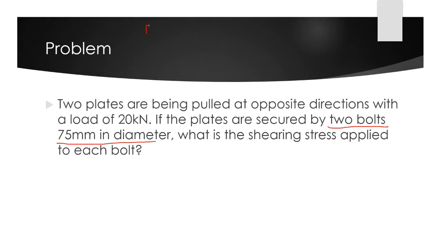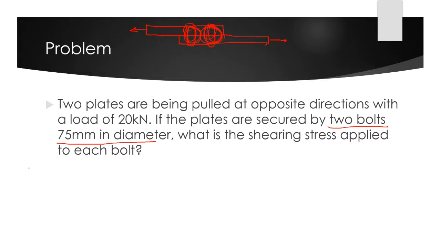So let's say this is our plane, and we have another plane, and they are attached now with two bolts. So let's say these are the two bolts that we have. There is a force pulling the planes in the opposite direction. So we're looking for the stress in each of the two bolts.